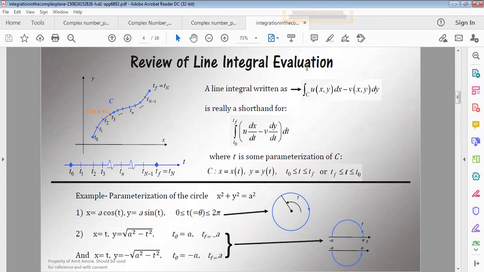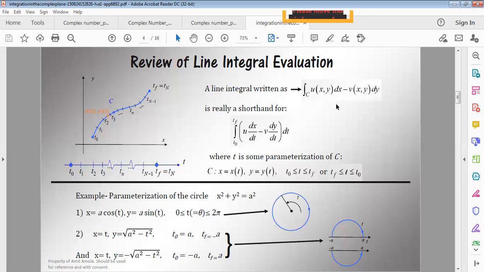So, a review of line integral evaluation: a line integral for the curve C can be written as u(x,y) dx minus v(x,y) dy. In short it can be written like this: the integral from t0, the starting point, to tf, the final point, of u dx/dt minus v dy/dt, multiplied by dt, and the dt will be cancelled.